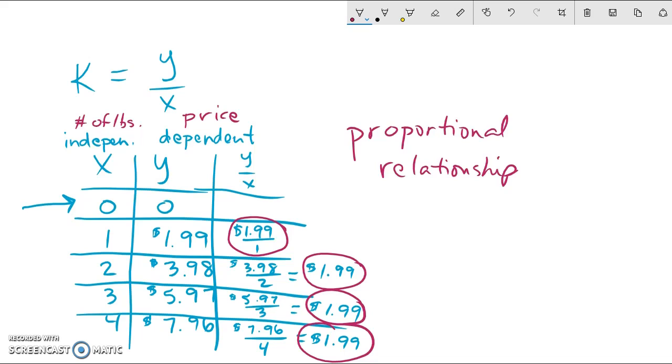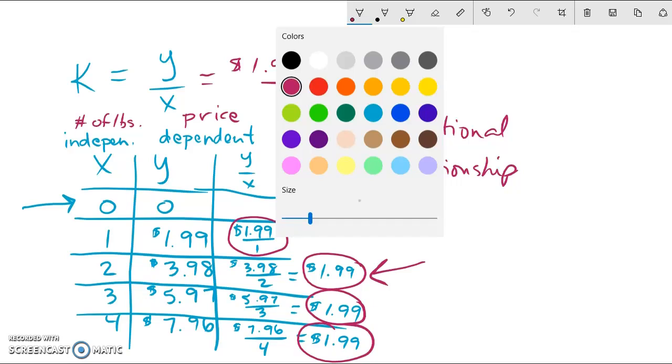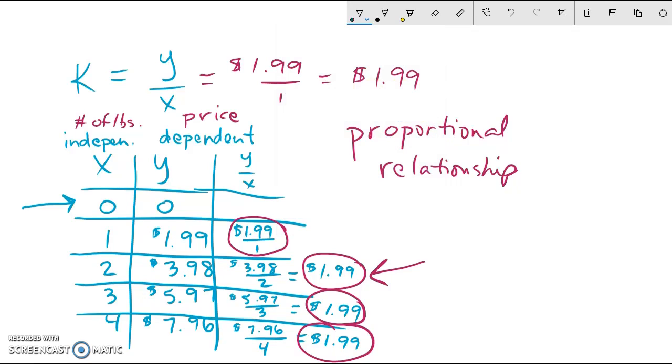So this indeed is my K value. That is my constant, $1.99 per 1 pound. And if I want to say that in an even simpler way, $1.99 over 1 is really the same as $1.99. So my final step then is I need to know how to write this as an equation.